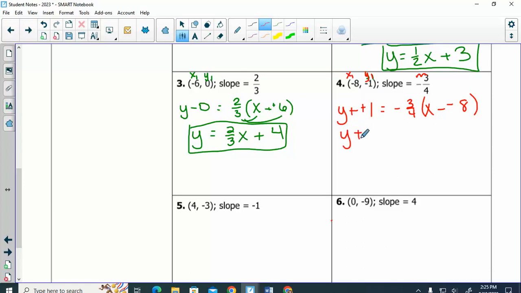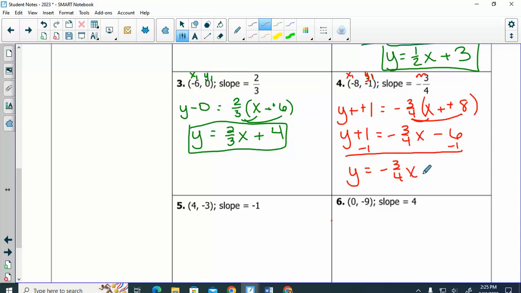So we have y plus 1 equals, okay, distribute, so -3/4 x, and then -3/4 times 8. What does that give you? Now what? So we have y equals -3/4 x, -6 minus 1 will be -7.